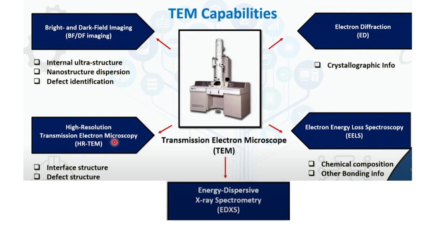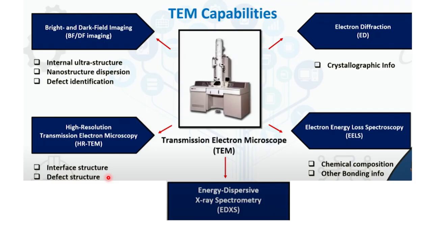And through HRTEM, that is high resolution transmission electron microscope, you can check the interfacial structure. For polymer people, if it is a blend of two polymers, you can check the interface, and of course the interface plays a very significant role in determining the mechanical property of any composite.